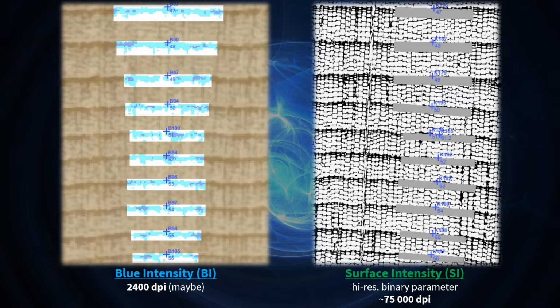The proportion of black to white pixels produces the surface intensity value, this new parameter which we're calling surface intensity. And here we are working with very high resolution images. The resolution in this case is on the order of 75,000 dpi, more than an order of magnitude greater than what we have from the scanner-based systems.